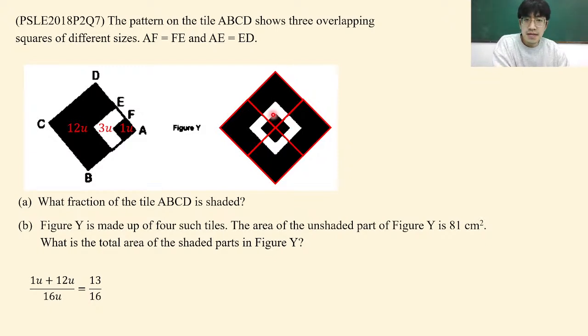Now, the same applies to this tile to the left, because like the question stated, they are equal. So this is also 16 units, this one is also 16 units, this one is also 16 units, and on top of that, we see that this blank space actually consists of 3 units of each tile on the right in this figure Y.